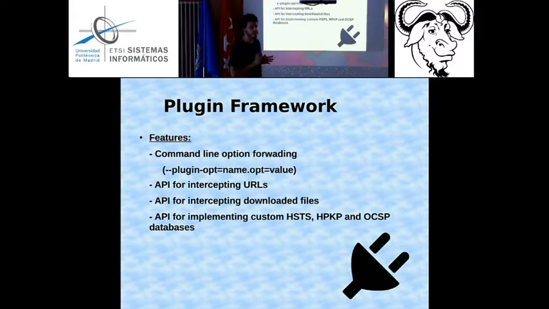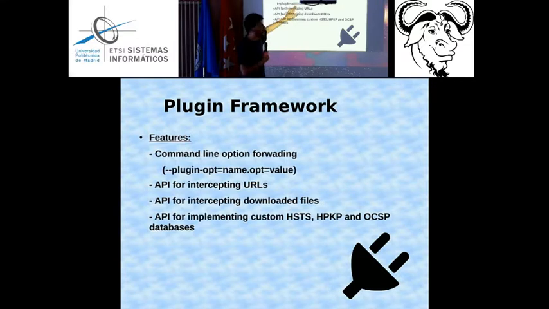The truth is that, this is from 2 years ago, we have no plugins yet, but we are going to make some, I guess. So it has some features, the plugin framework itself. It has command line options for forwarding, so first of all, you have switches to list plugins and to load plugins.